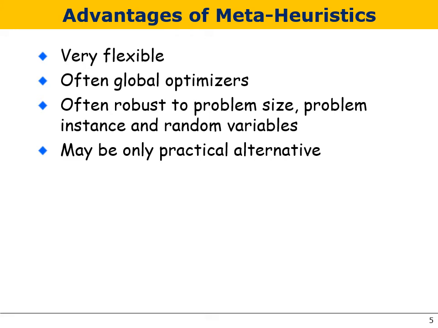What's the reason for using meta-heuristics? What are their advantages when we compare them to improvement or local search heuristics? Meta-heuristic algorithms are very flexible. They can be applied to many different problem variations, to many different sizes of the same problem.